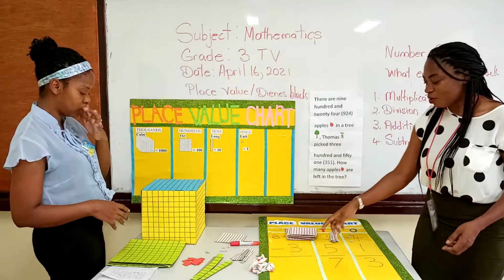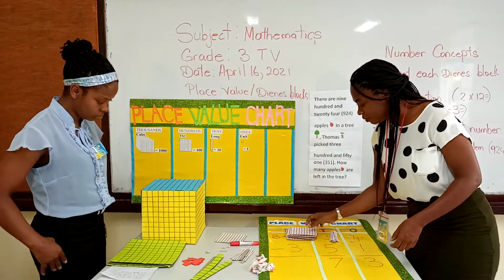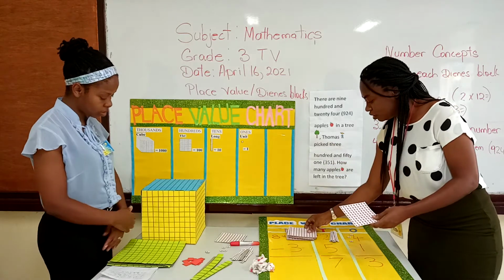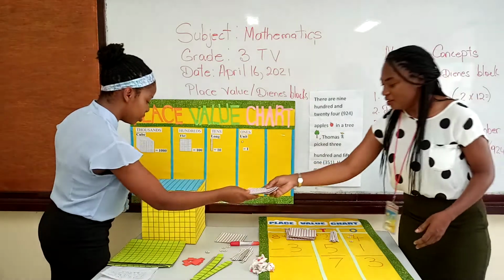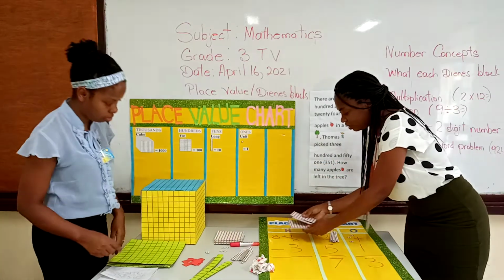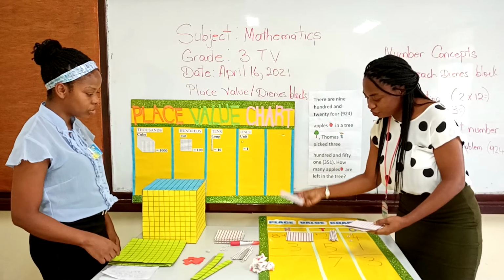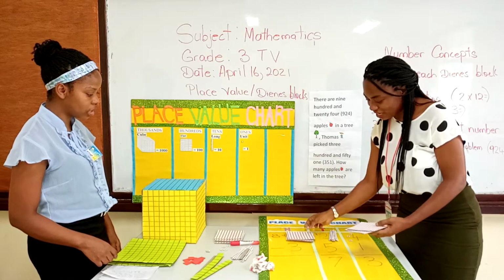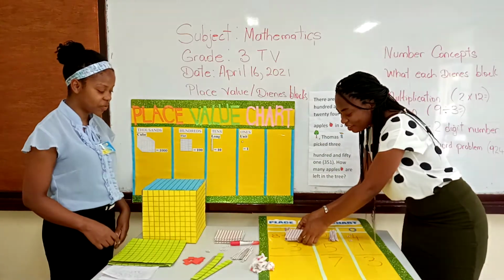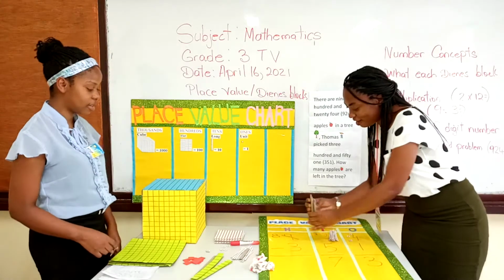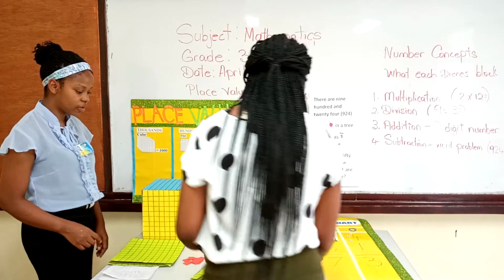Now how many are we supposed to take away? 3. Alright, let us take away our 3. 1, 2, 3. So we take away 3. How many are left? 1, 2, 3, 4, 5. 5 hundreds are left. Very good. So we put our 5.